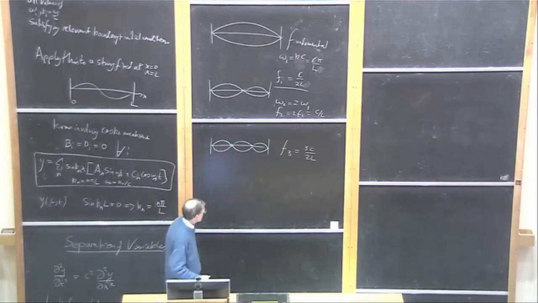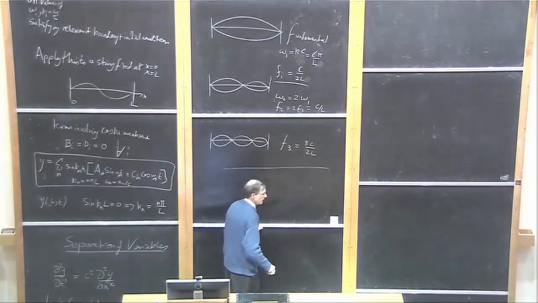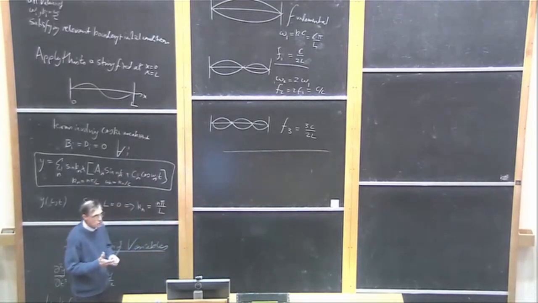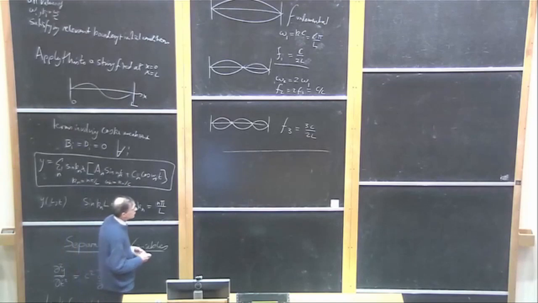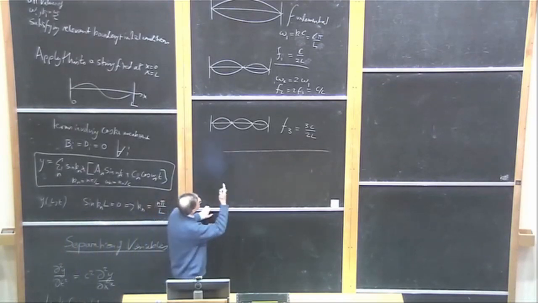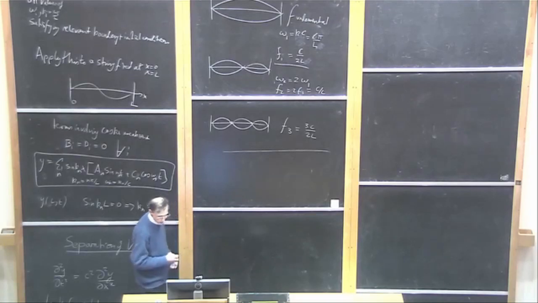So those are the modes of the string. And they're looking quite like the normal modes of this very long string-mass system, which I was talking about when I was talking about the transition to waves. So in fact, they are exactly the same mathematically. They're just a continuum limit of those discrete modes.